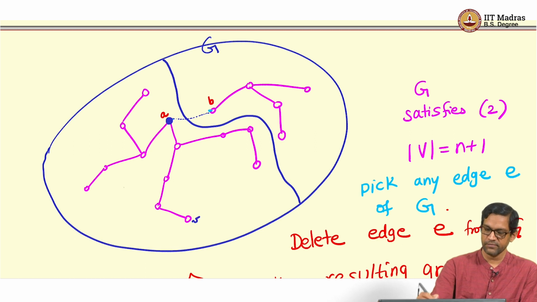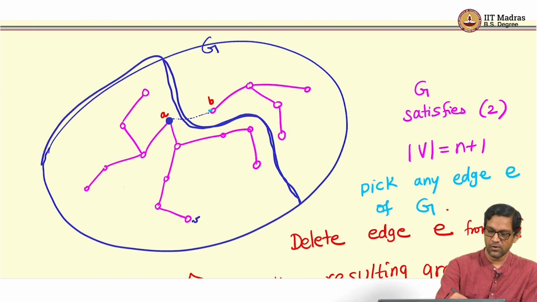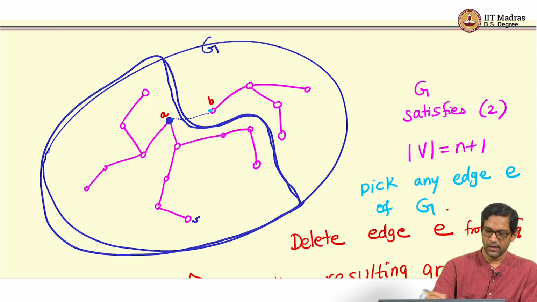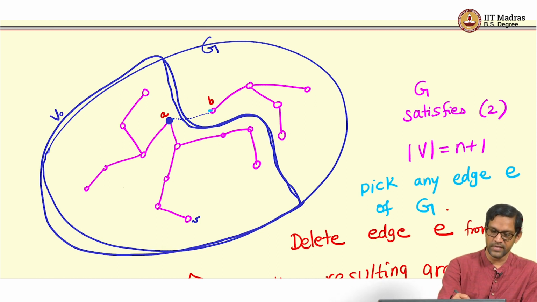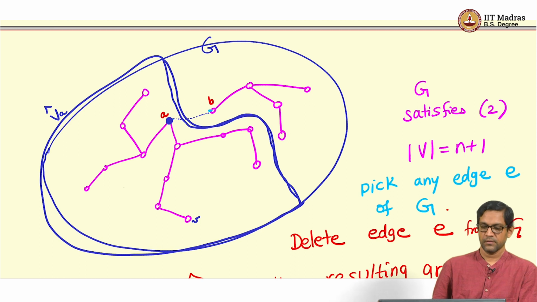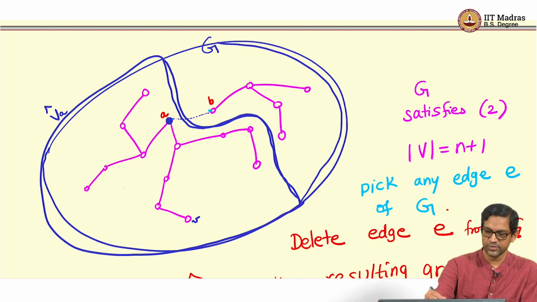They are exactly the vertices which are in this left hand side portion. So I take this, I divide it here, and all vertices which lie here are what form VA hat. Those are the vertices. Likewise, the vertices on the other side are the ones which you can reach from B.